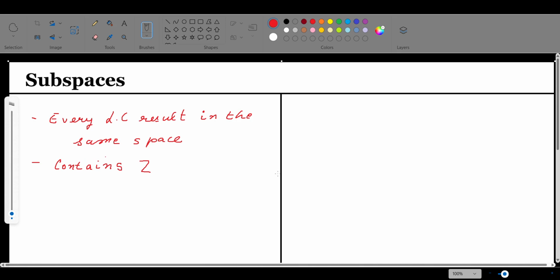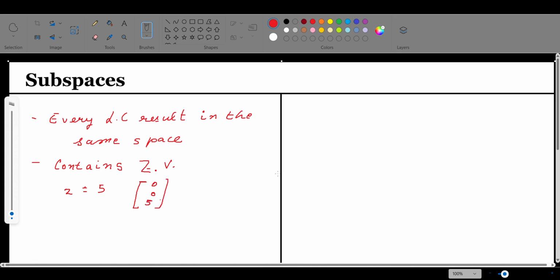Think of any plane. For example, we thought of a plane in R3 space, which is at a height of z equal to, here I'm talking about the axis z and not the zero vector space, the three-dimensional axis z. So let's say z is equal to 5, you have a plane. When x and y are 0, z will still be 5 because you are at that height.